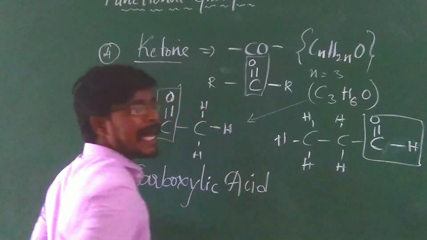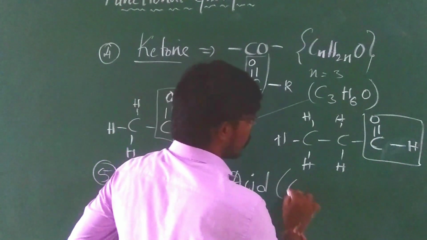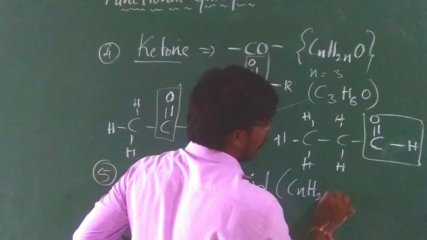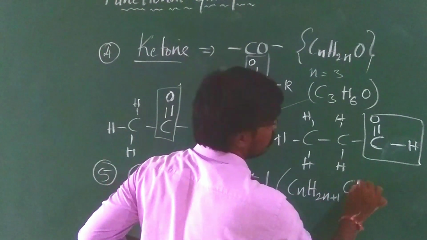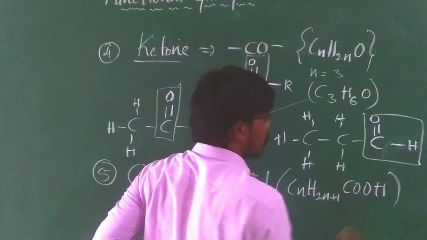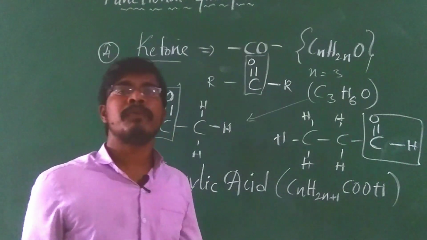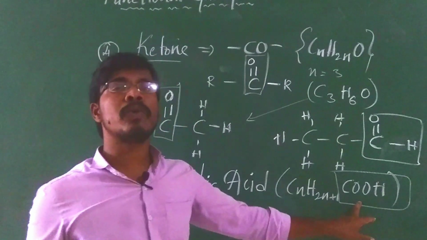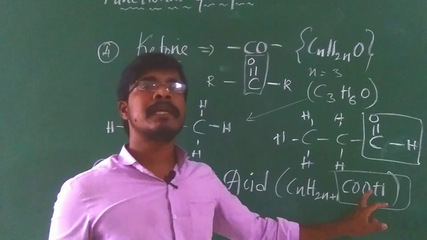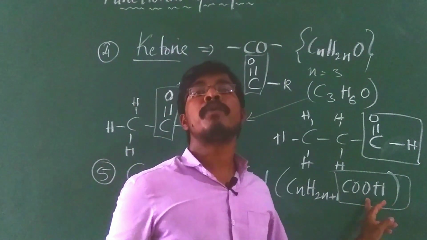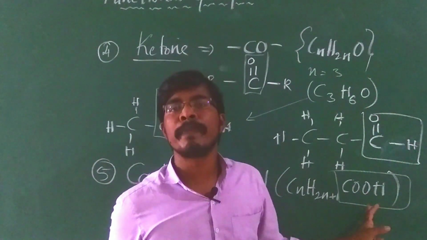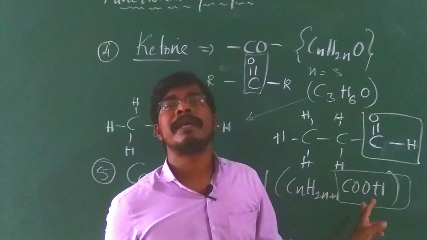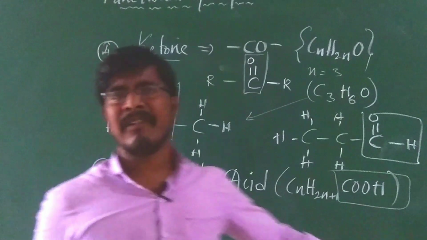This carboxylic acid again has the formula CnH2n+1 COOH. If the COOH group is present, then this is called a carboxylic acid. The acidic group will be present in the carbon chain.